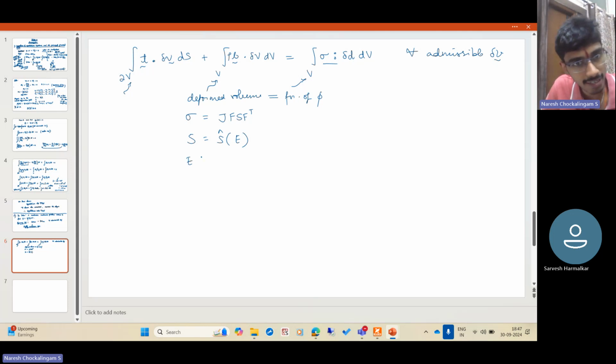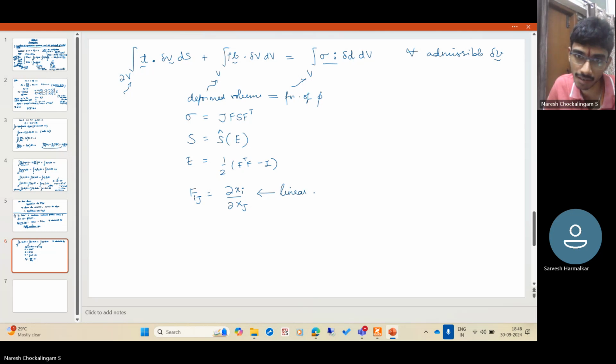And this Green-Lagrange strain tensor is what? Green-Lagrange strain tensor is half of F transpose F minus I. And F is what? F is del x_i by del X_j. So this is F_ij.